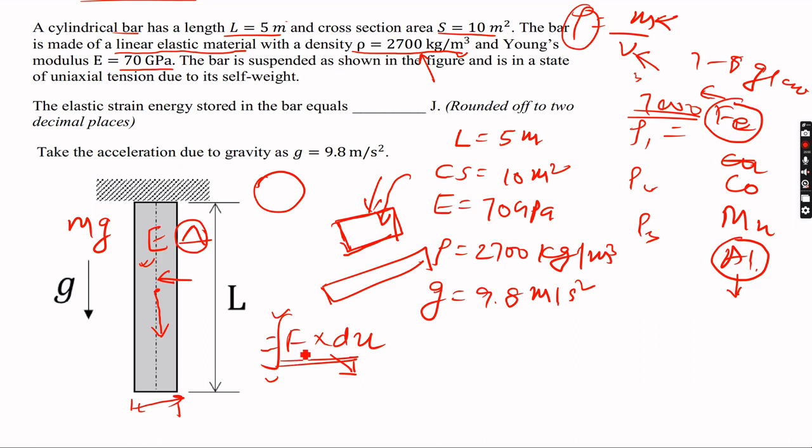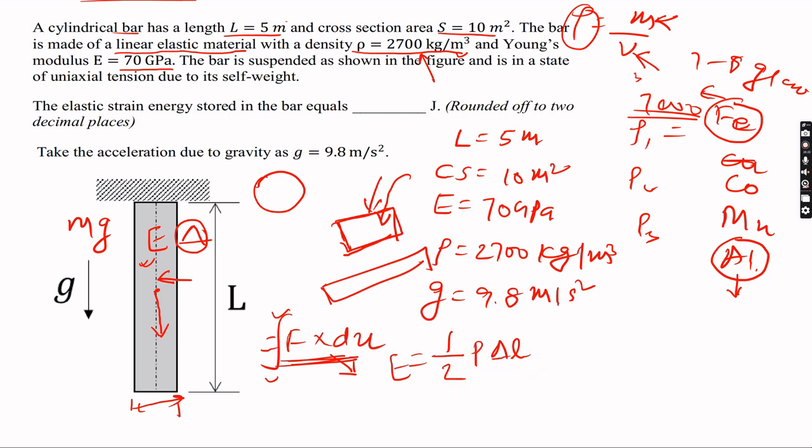The formula will be the same; you just have to convert it in terms of stress and strain. For gradual loading, the energy is 1 by 2 into P into the deflection, say delta L. That's why I'm taking the average of the load.